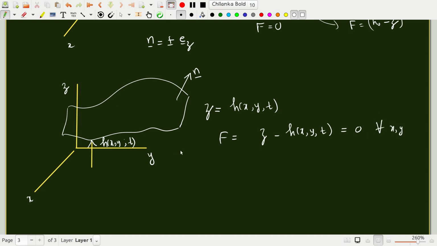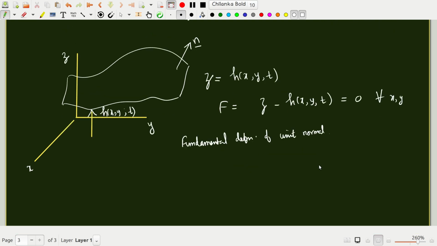Okay, so n, the unit normal. How do you find the unit normal for this particular case? The fundamental definition of unit normal is the following.